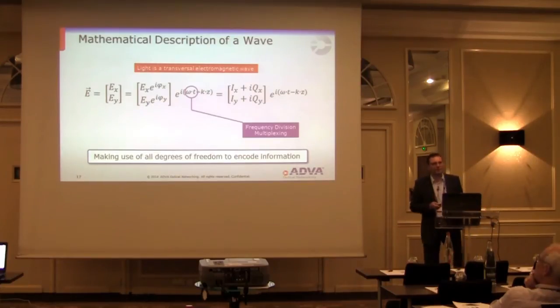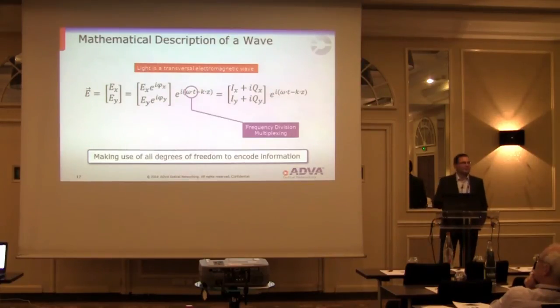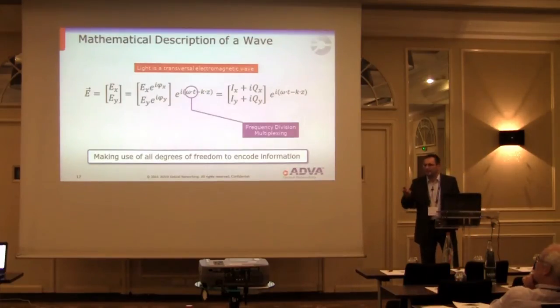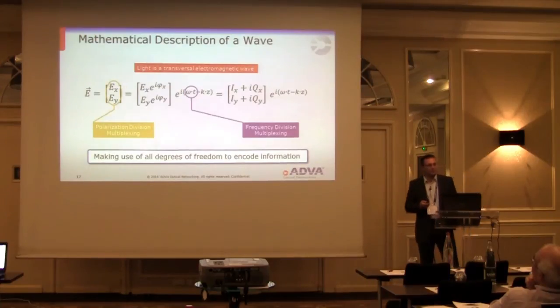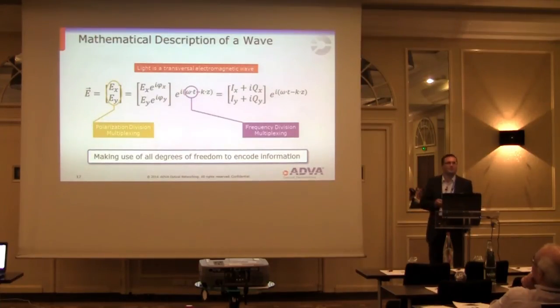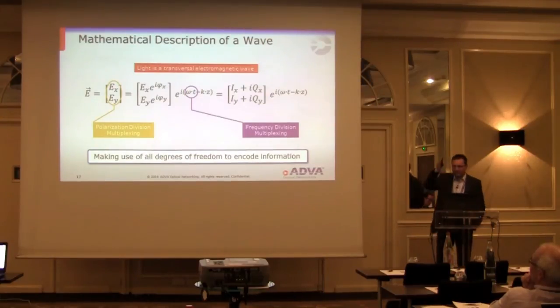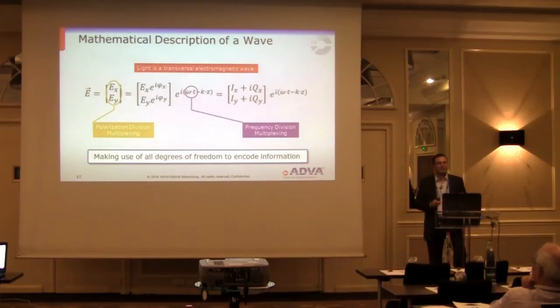Frequency, that's our wavelengths. So we can change the wavelengths, and we do this in a 50 gigahertz grid. So that's a simple thing, and I guess a lot of you know this already. But we can do this polarization thing, which gives us two degrees, which allows us to double the data. Because remember, one is oscillating in this direction, the other one in this direction. Both have the same wavelengths. Cool. We double the capacity.